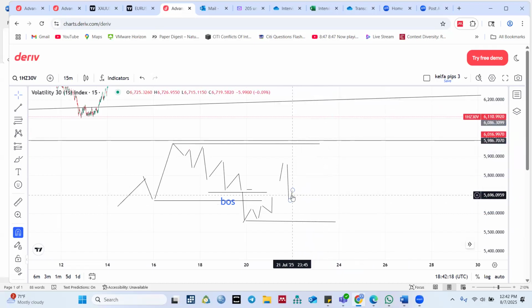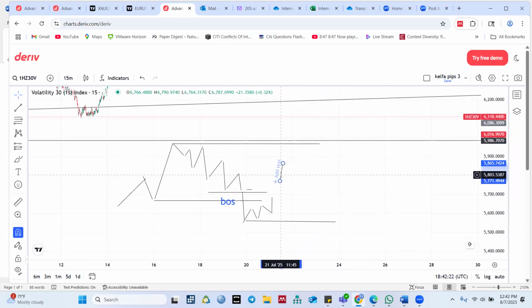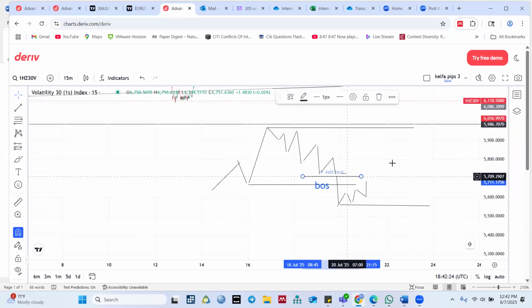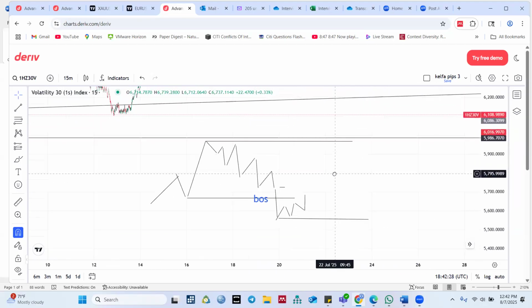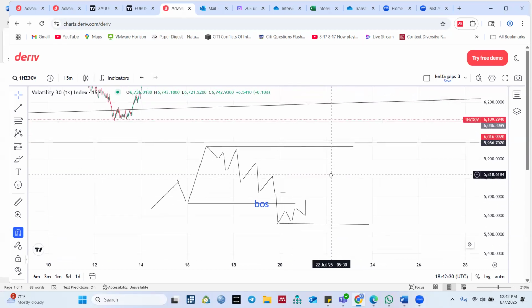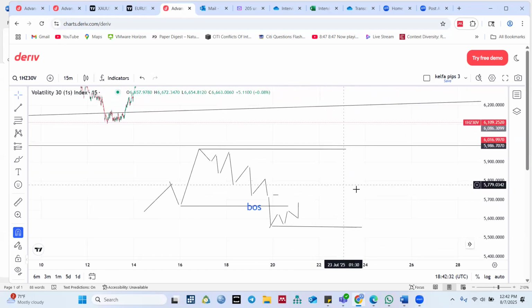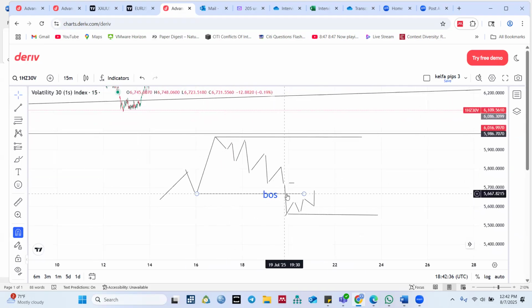It happens like that because the smart traders, the banks and the large corporations that come into the market with big volumes of money want to take all the retail traders out. They know retailers will be buying here. So they want to take all of us out, stop us, put us in loss, take our money, and then they will push the price to the intended direction.